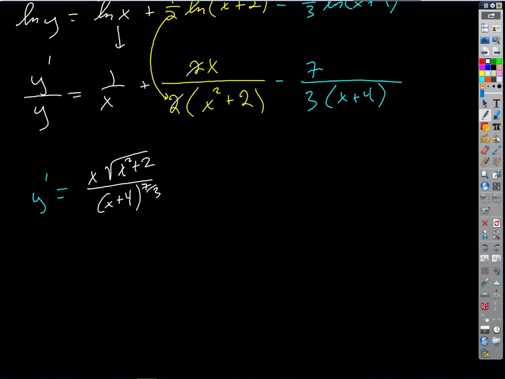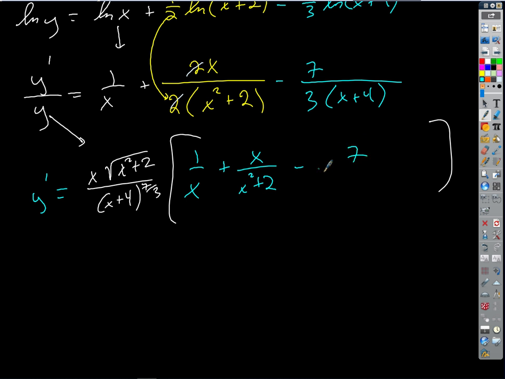So there's my y on that side times all of this stuff right here: 1 over x plus x over x squared plus 2 minus 7 over 3 times x plus 4. That's how I do it.